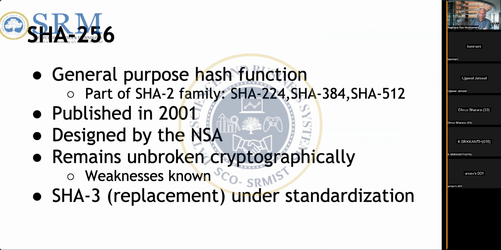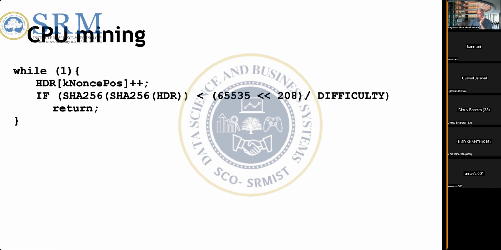As I told you before, SHA-256 is a pretty simple algorithm which can be computed on a laptop. It was published in 2001 by the NSA, the National Security Agency in the USA, and this is how we compute the hash value in CPU mining. You can run this piece of code. Basically we are trying to increment the nonce. This is C++ code, so you increment the nonce.